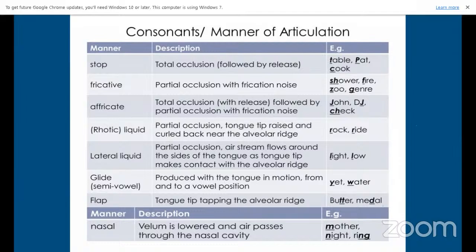Light, low, L. Anything where you see L, the tip of the tongue touches your alveolar ridge, upper side, but the air is escaping from the sides of the tongue. That is called lateral.